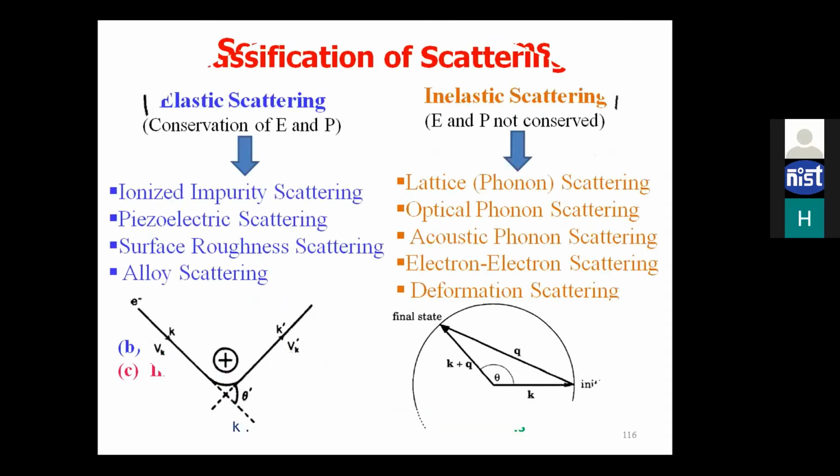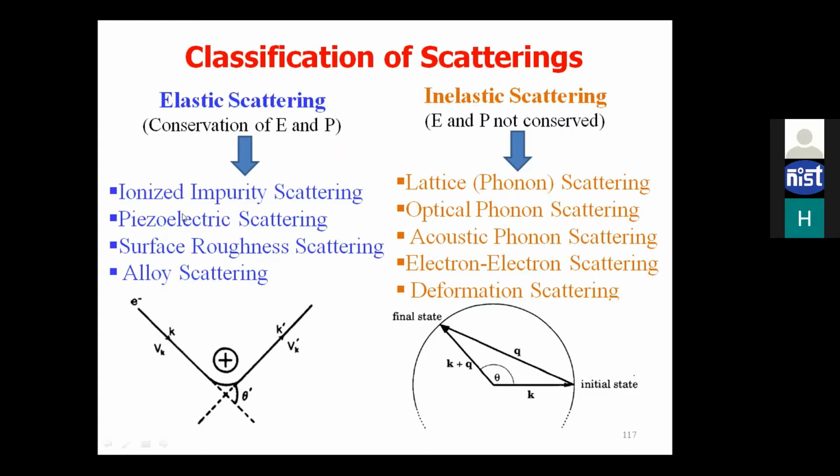So normally we classify scattering depending upon the conservation of momentum and energy. As per the basics that you know from your intermediate or graduation, if in a scattering there is conservation of energy and momentum, we say this is elastic scattering. If momentum or energy is not conserved, we say it is inelastic scattering.